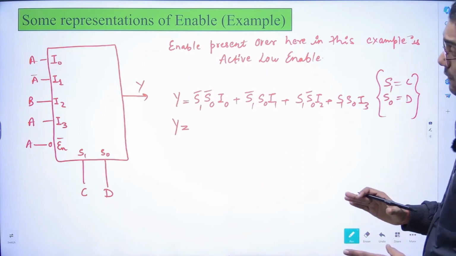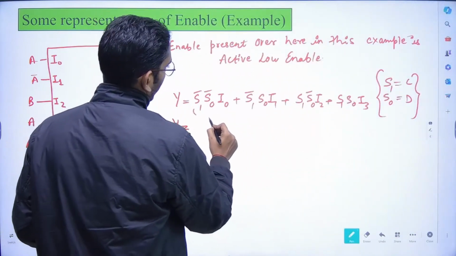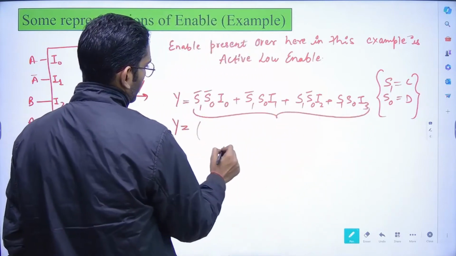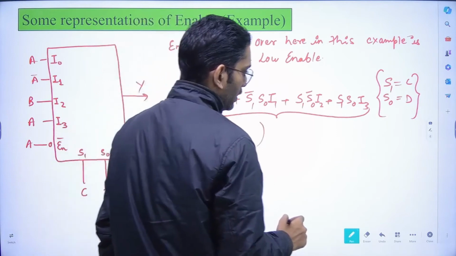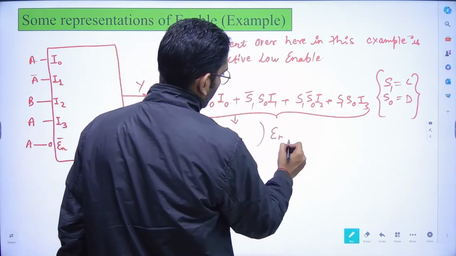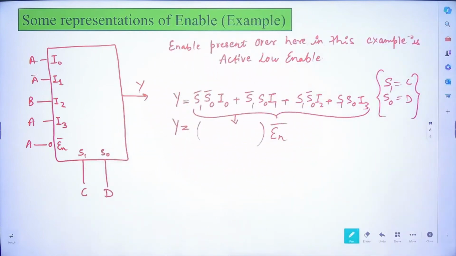So the final output is this whole thing multiplied with the enable. Now this is the active low, so we will be multiplying this whole function with the complement of the enable.